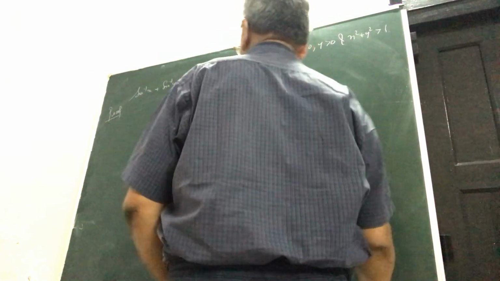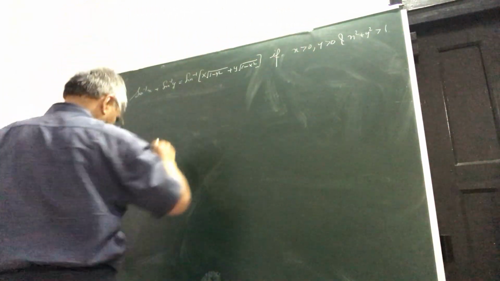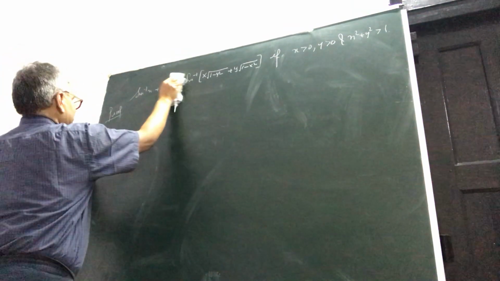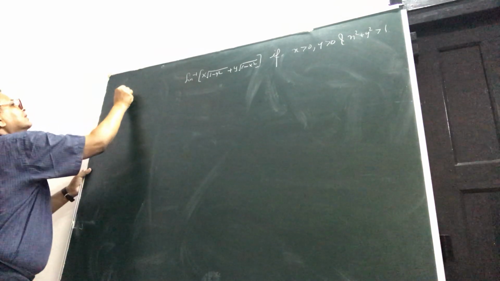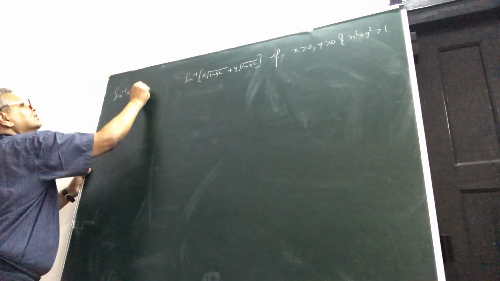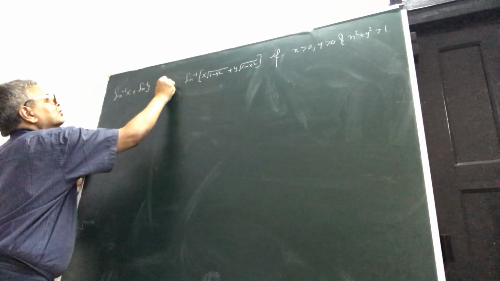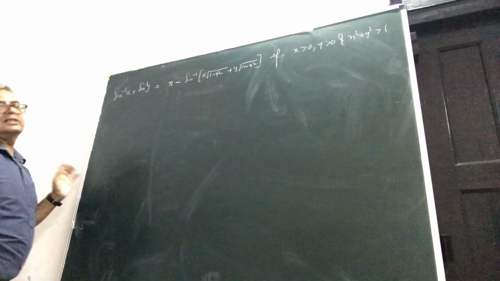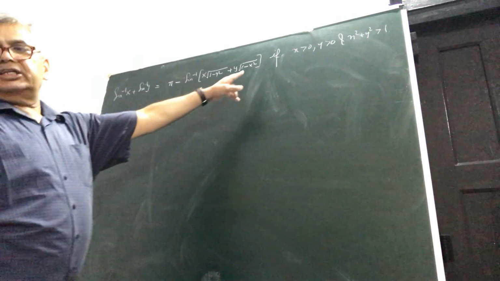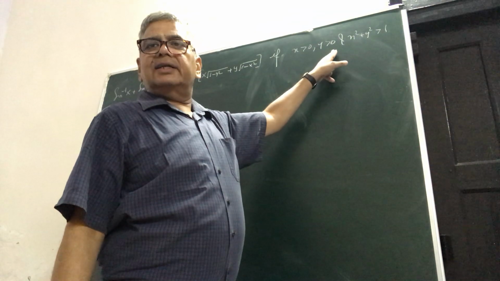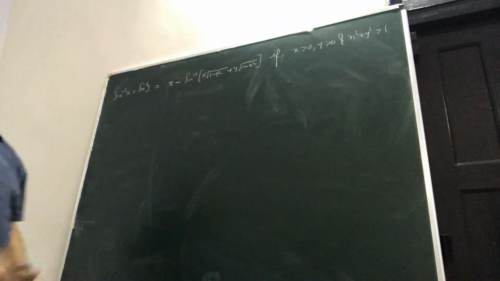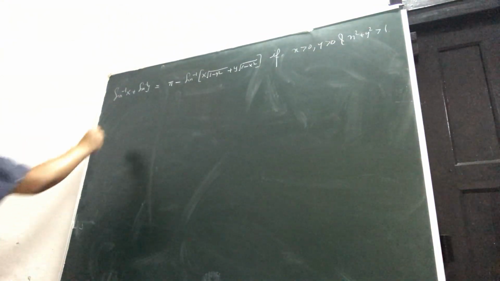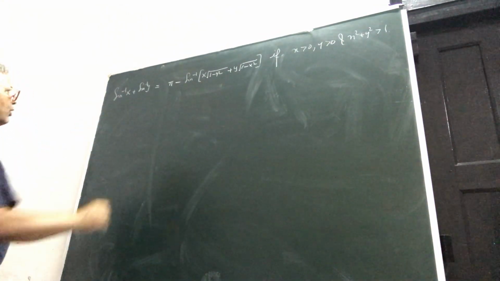So you have to show that sine inverse x plus sine inverse y is equal to pi minus this. This result you have to prove under what condition? If x is greater than 0, y is greater than 0 and x square plus y square is greater than 1. Simple. Same thing. What will you assume?